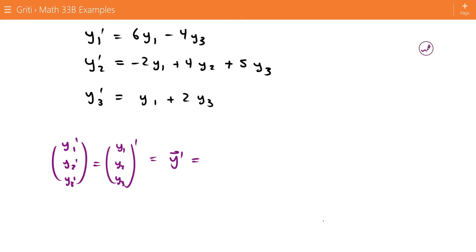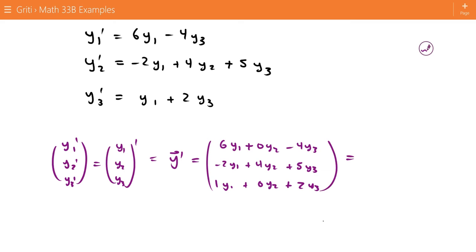And this is going to equal on this side 6y1 plus 0y2 minus 4y3, negative 2y1 plus 4y2 plus 5y3, and 1y1 plus 0y2 plus 2y3. And this is going to equal the matrix 6, 0, negative 4, negative 2, 4, 5, and 1, 0, 2 times y1, y2, y3.